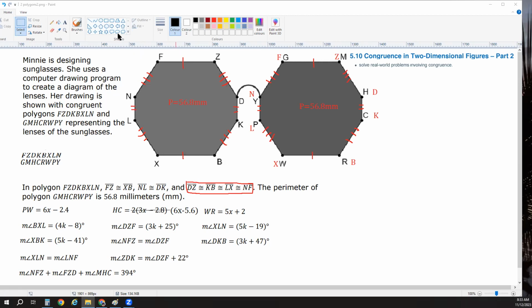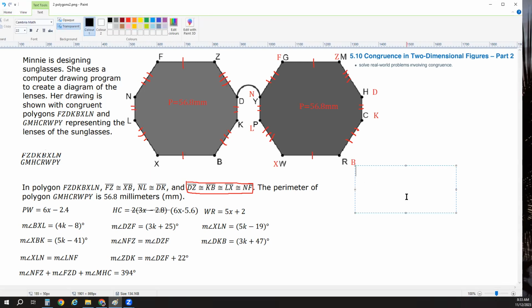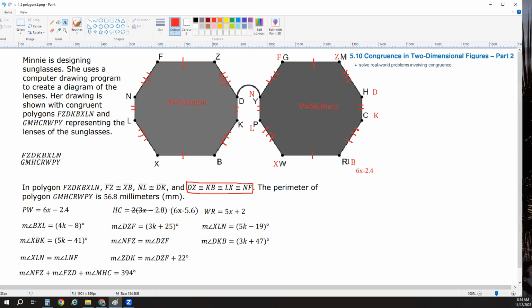So I'll grab that. I'm going to make it red. 6x minus 2.4. A little smaller. Yeah, that should work. I'm going to drop it over here. So that is this line segment.